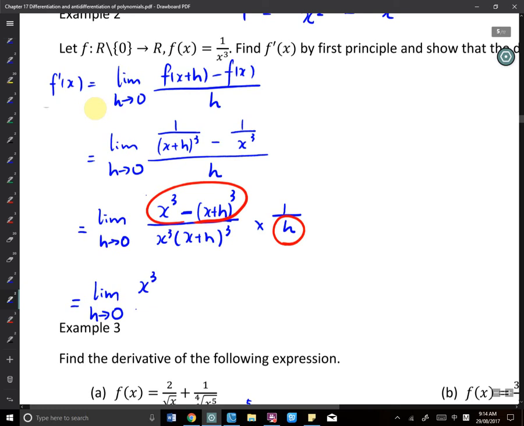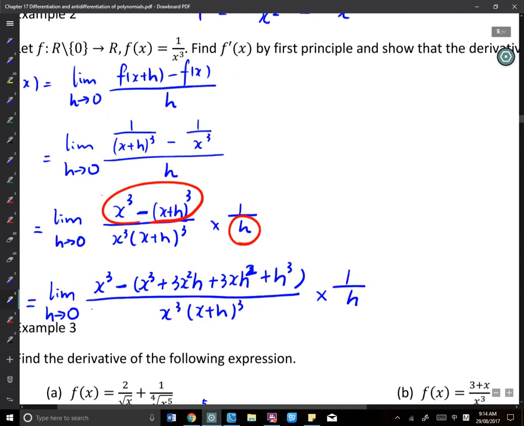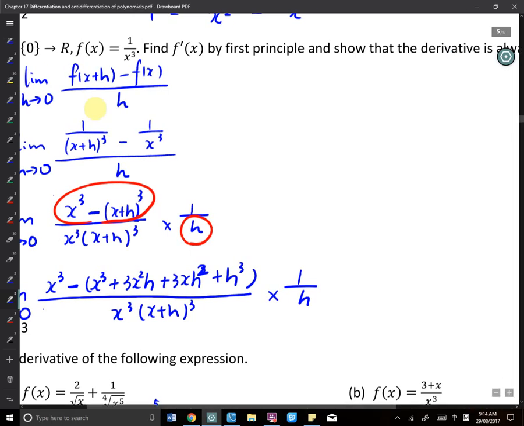That's x cubed minus, in brackets, x cubed plus 3x squared h plus 3xh squared plus h cubed, over x cubed times x plus h cubed, times 1 over h. You need to have the bracket, and every sign will change to negative. Some of you made mistakes; the sign was wrong. Then following that, the limit as h approaches 0.